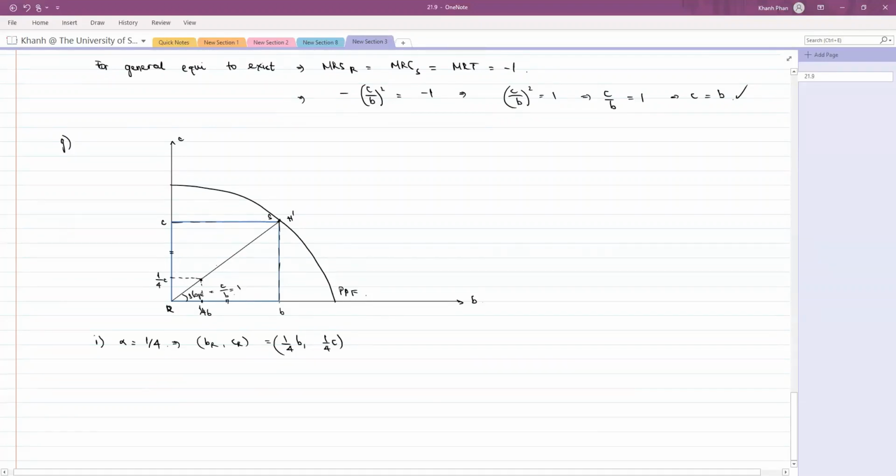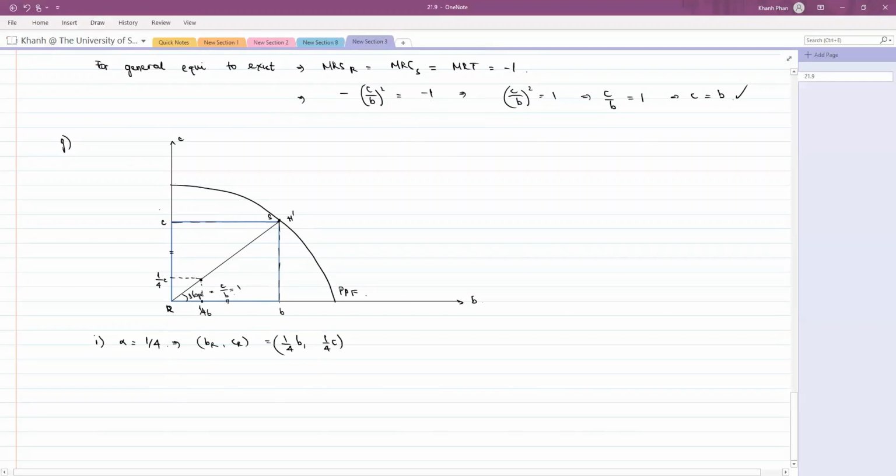At this point, we want to show the two indifference curves tangent to each other and having the slope of -1, which is the case over here, where this is the Walrasian equilibrium, or the general equilibrium.